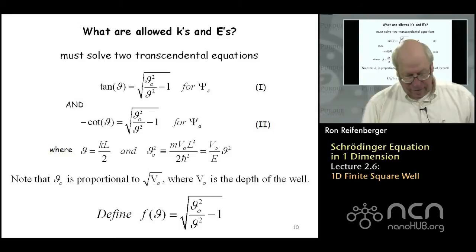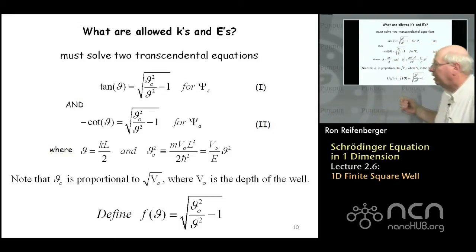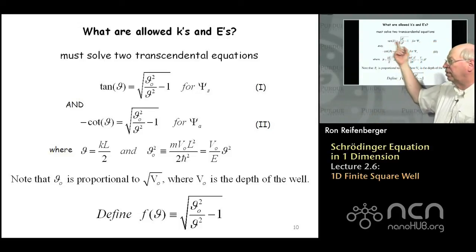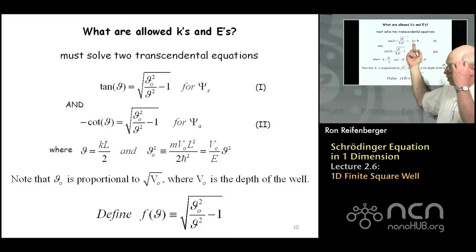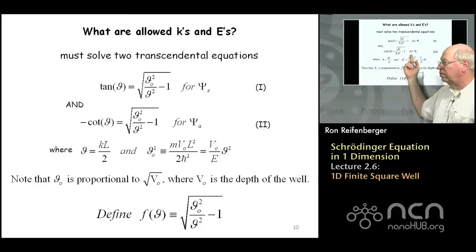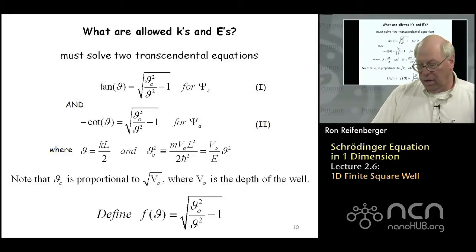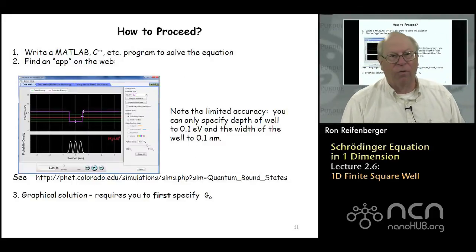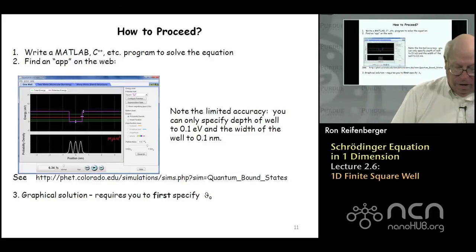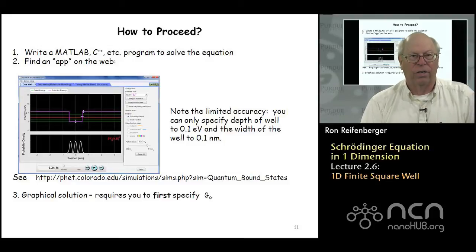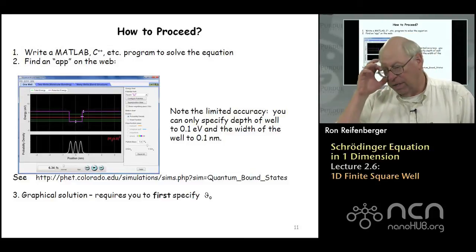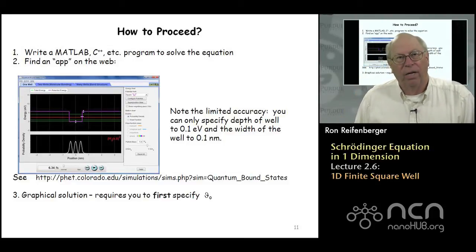The issue is how to solve an equation like this. This is the condition for the symmetric solution. This is the condition for the anti-symmetric solution. How are you going to solve those two equations? Well, there's a number of ways you can do that. One way is you can sit down and write a MATLAB code or a C++ program to solve those equations.